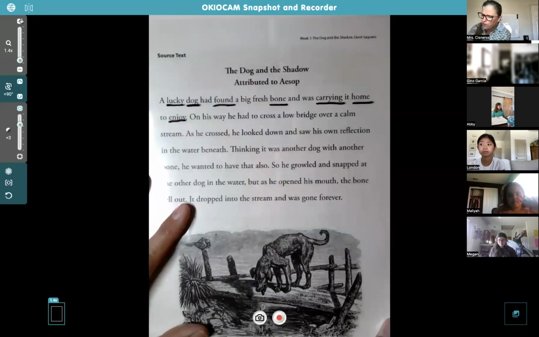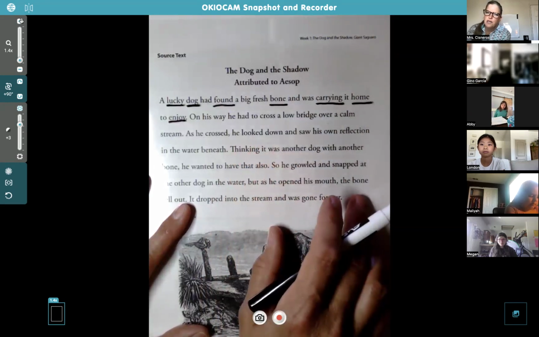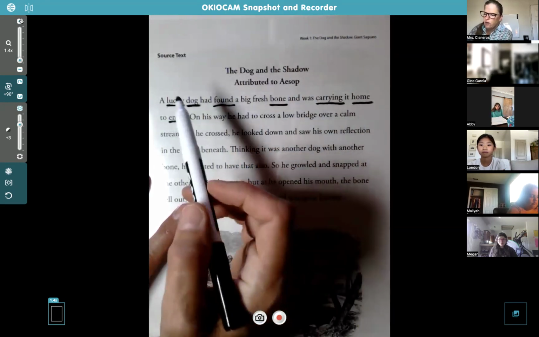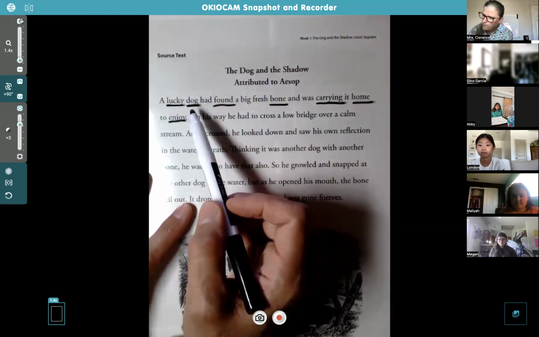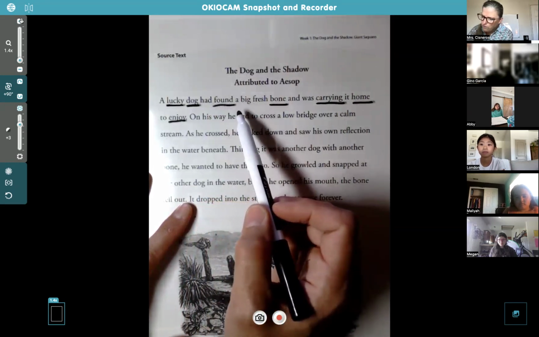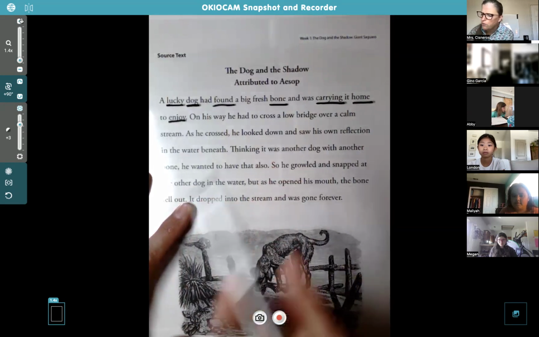Well, I already know we're talking about a dog because the name of the story is The Dog in the Shadow. So I know we're already talking about dog. So I'm not going to pick lucky or dog or found. I do like the word bone. I think that's super, super important to remember.